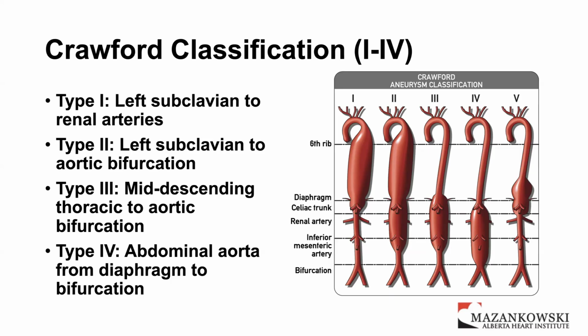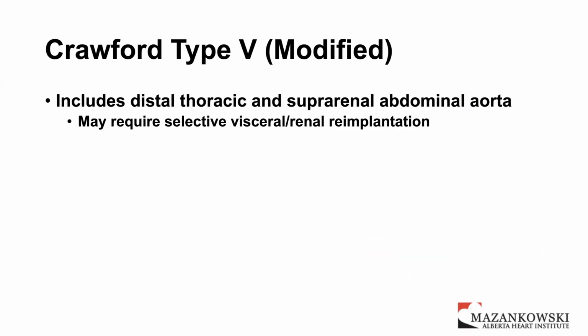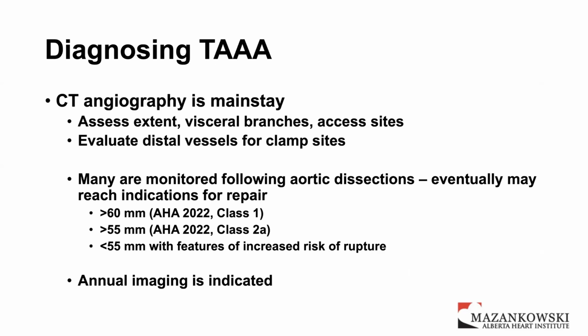We are doing an increasing number of extent 4s at the Mazankowski combined with vascular surgery, where we feel that the patient would benefit from having cardiopulmonary bypass support. And there is the type 5. It's limited to the distal thoracic aorta and suprarenal abdominal aorta, and may or may not require selective visceral and renal reimplantation.